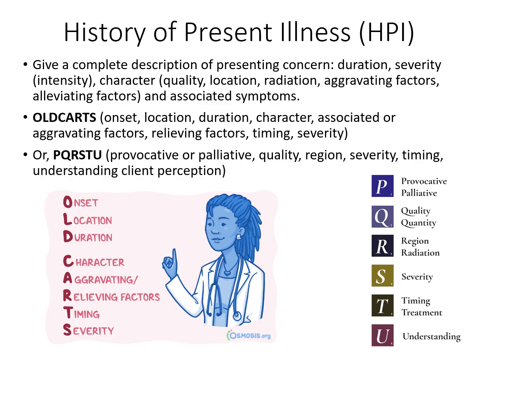There are two common frameworks, the one I just said, OLD CARTS, and then PQRSTU: P, provokes; Q, quality; R, region or radiation; S, severity; T, timing; and U, understanding.